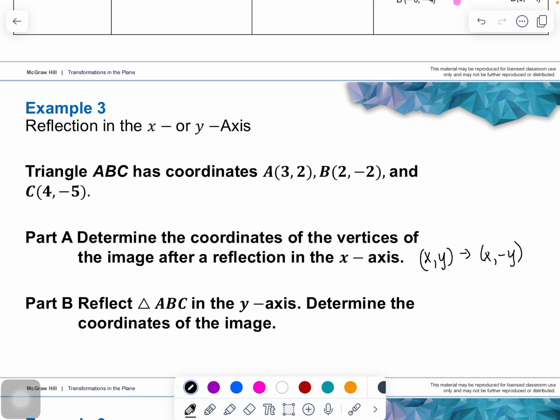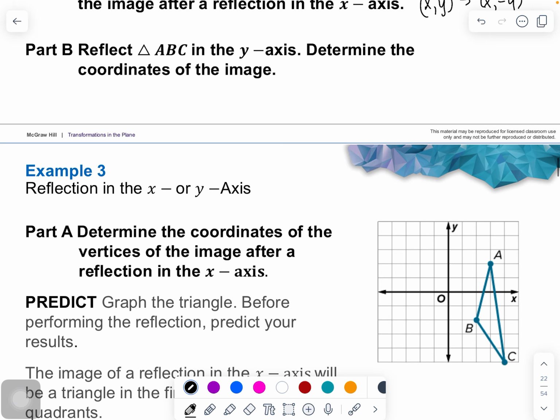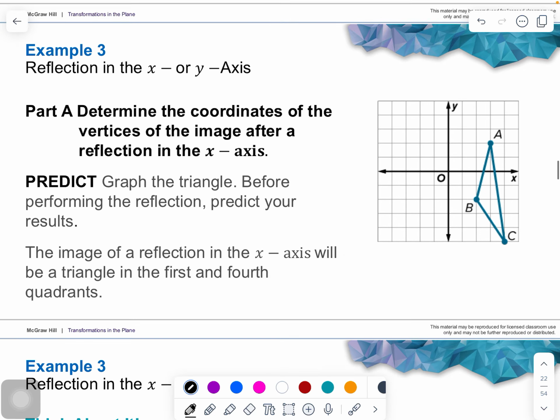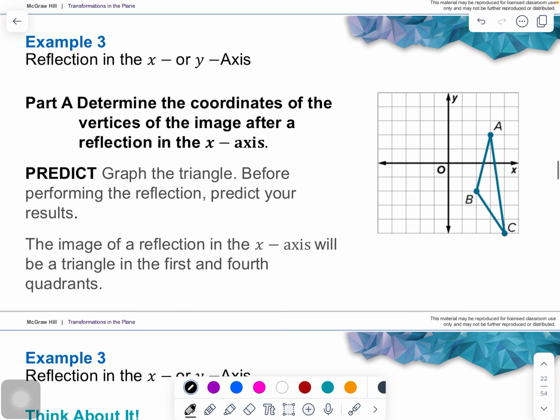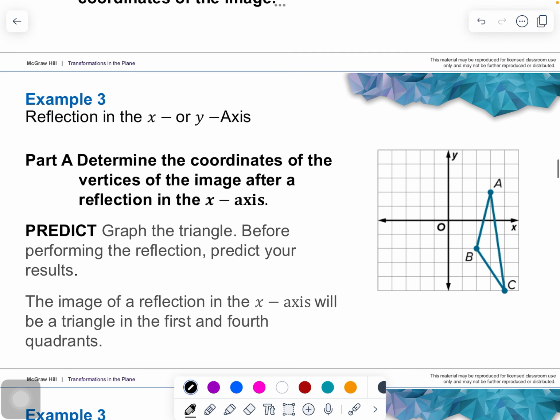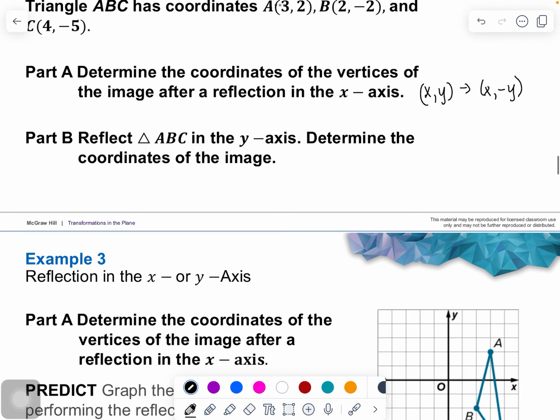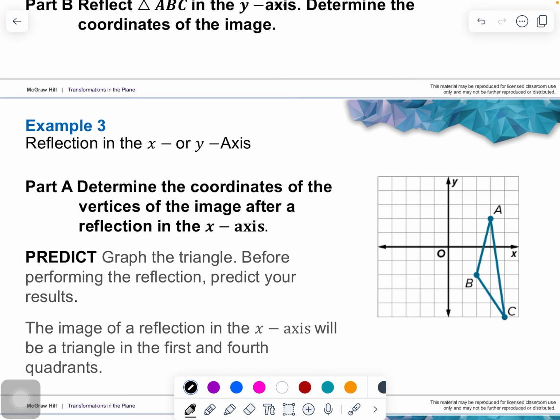That's our rule. Okay? And if we're going to do that, they went ahead and drew it out for us, which we've got on your paper for you. So we're going to predict it. Before performing the reflection, predict your results. So if we're going to reflect in the x-axis, that's going to be here.